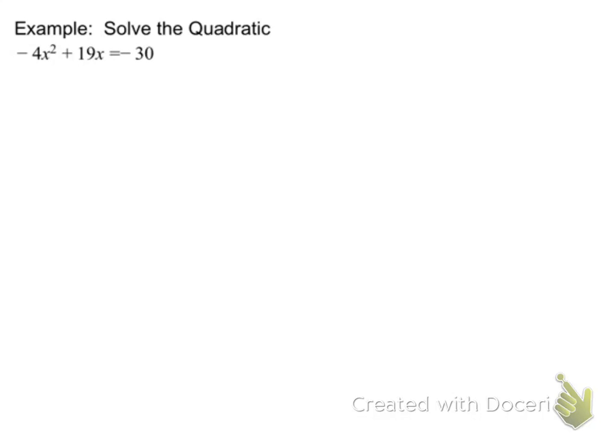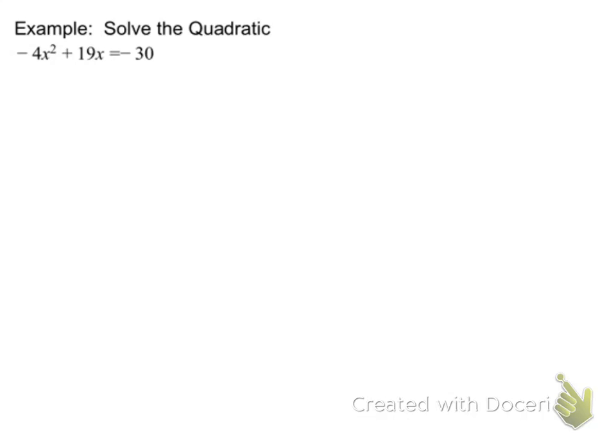Bring everything to one side. But more specifically, you want what to be what? It's going to make your life easier. You don't have to. Positive. What's positive? The 30? Not necessarily. That's not the one I'm worried about. The first term, or leading term, in this particular problem would be the negative 4x squared, right?